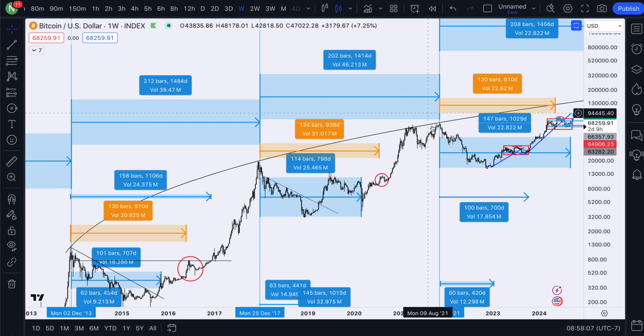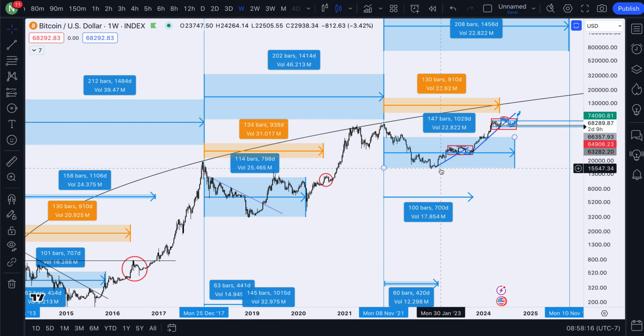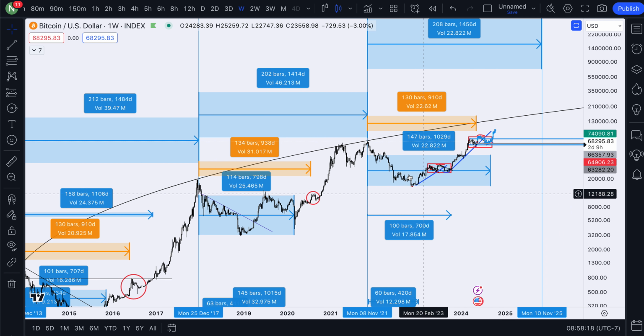And then from this peak to this one was another 1400 days, the top before the 2022 bear market came in. And then from this peak to this one, we're expecting our cycle peak this time around to be sometime early November to early December of 2025.